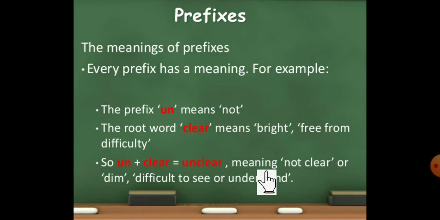What is the meaning? Unclear means not clear, or dim, or difficult to see or understand. So if you add un, meaning not, to the root word, there should be a difference in meaning. Got it?